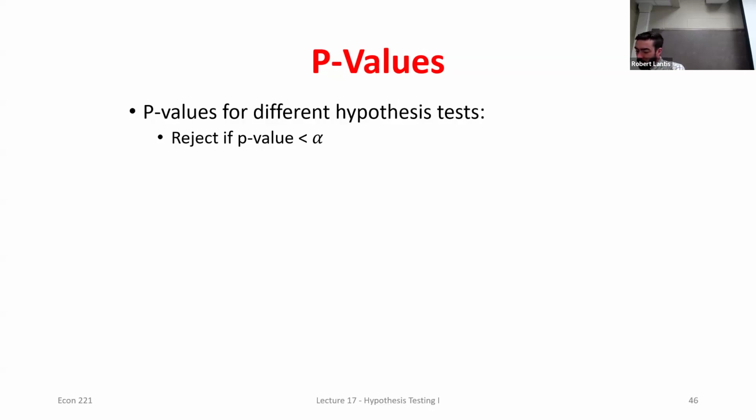Let's say I see a sample mean down here. What I'm going to do for the p-value approach, going to start out very similar to the critical value approach, where I turn my sample mean into a test statistic, right?